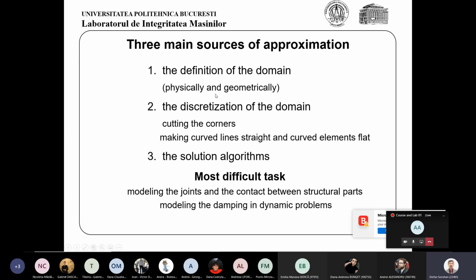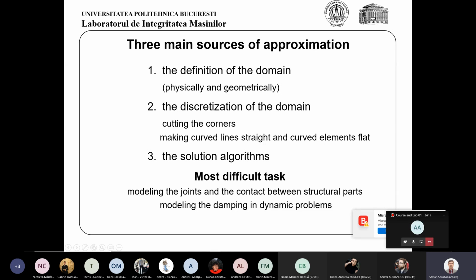So this is an approximation for the geometry. This kind of approximation is mainly due to the discretization, which I told you is called cutting the corners, or making curved lines straight and curved elements flat, and so on.